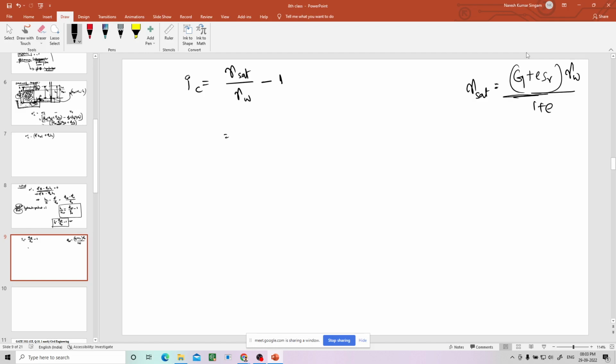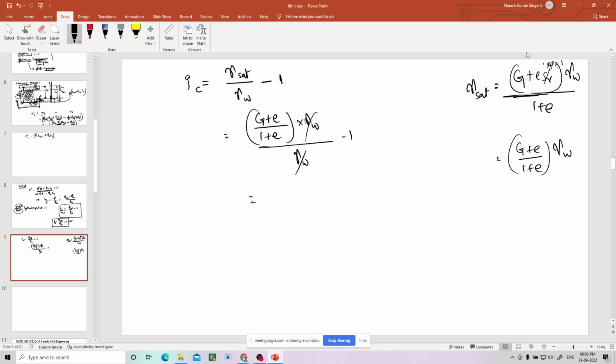Here Sr equals 100%, that means 1, so it is G plus e by 1 plus e into gamma w. Substitute this in place of gamma sat, divided by gamma w minus 1. Gamma w gets cancelled: G plus e minus 1 plus e, by 1 plus e. So finally G minus 1 by 1 plus e.